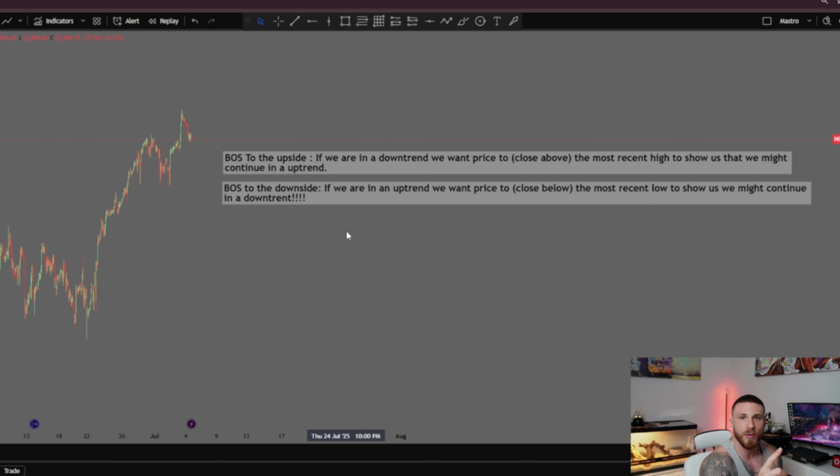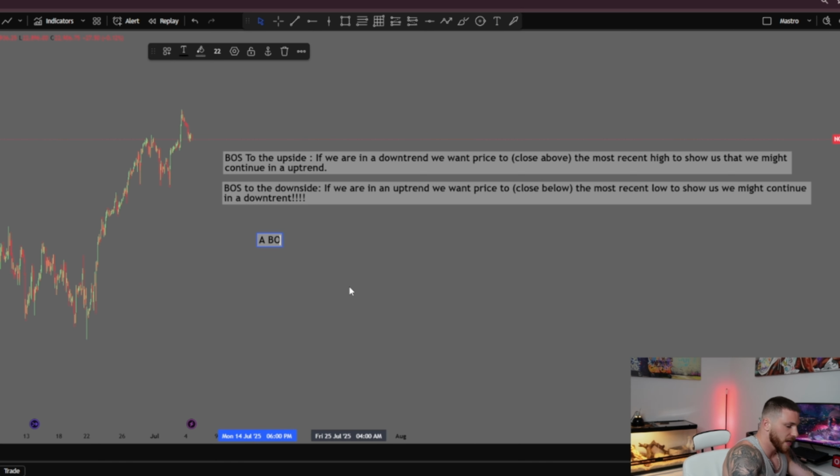Cool. Let's add one more or two more things to that. A break of structure is not valid if we don't close below slash above the most recent low slash high.